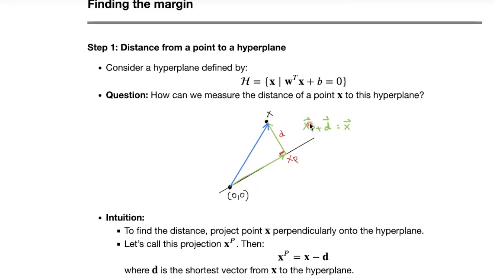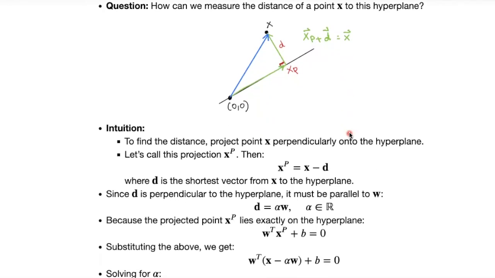And this tells me that this xp here, if I send d to the other side, is x minus d. So put everything together, we project point x perpendicularly onto this hyperplane, and that's called xp. And xp is technically x minus d. And d is that shortest vector from x to the hyperplane. So it's important to have this 90-degree angle here.